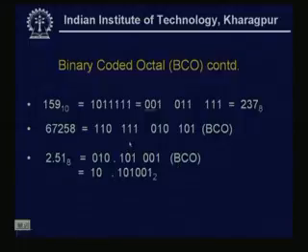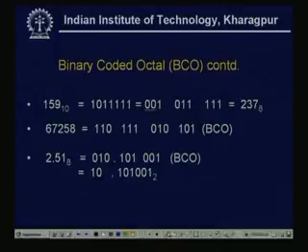Now, again we take some other examples. This is 159 in the decimal number system. First this is converted into binary, that is 1 0 1 1 1 1 1. Now, as it is a binary, actually I am doing the reverse thing, binary to BCO.